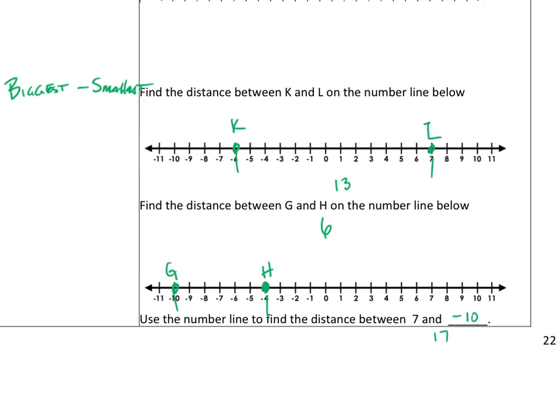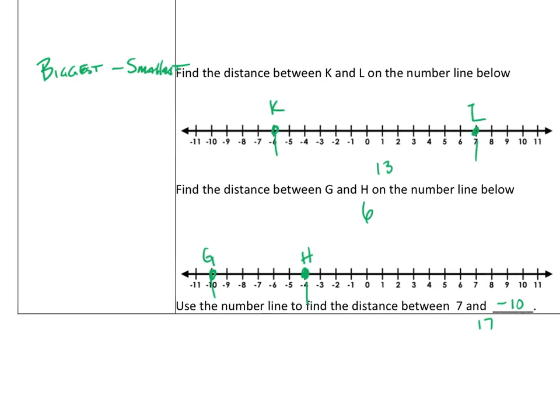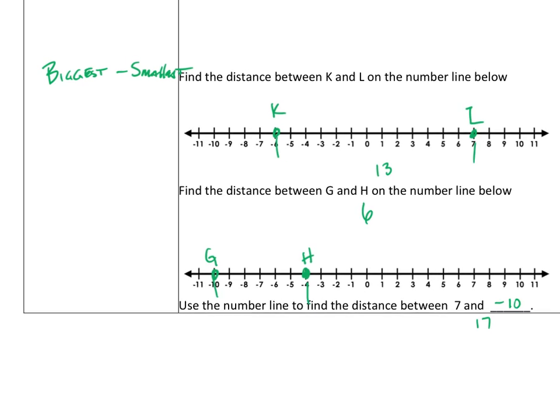You always want the biggest minus the smallest. So if you probably counted, right? You can't count everything. So the biggest on this one is L, which is 7. So L minus K, which is going to be 7 minus -6. And we can rewrite that as 7 plus +6, right? Which means 13.